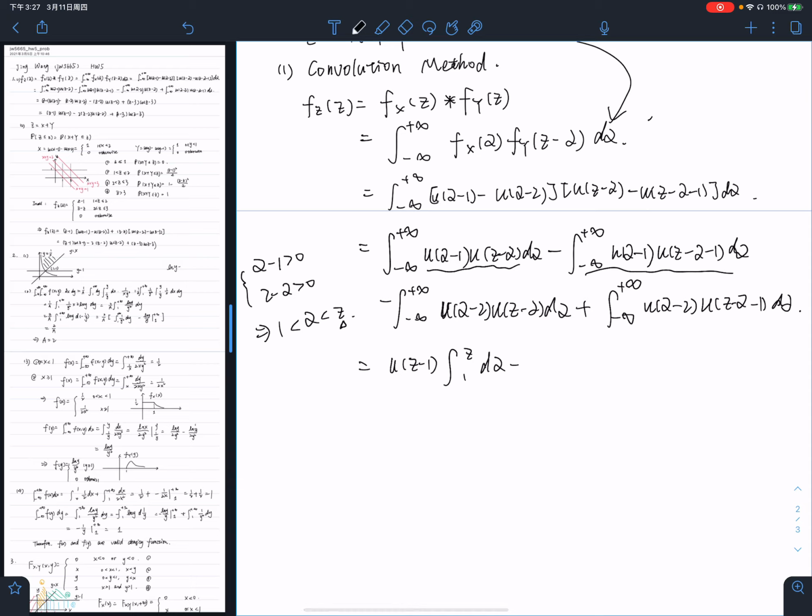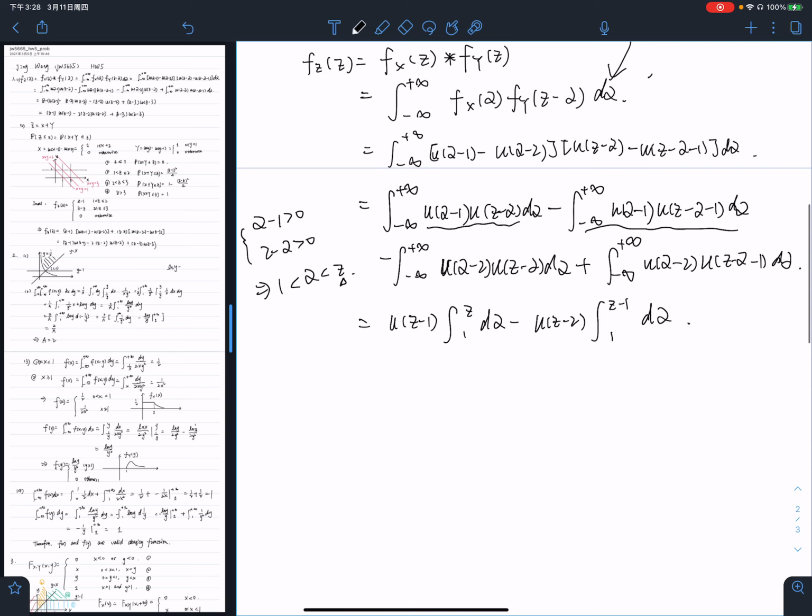Similarly, the second part should be u(z minus 2) with alpha from 1 to z, which gives z minus 1 d alpha.